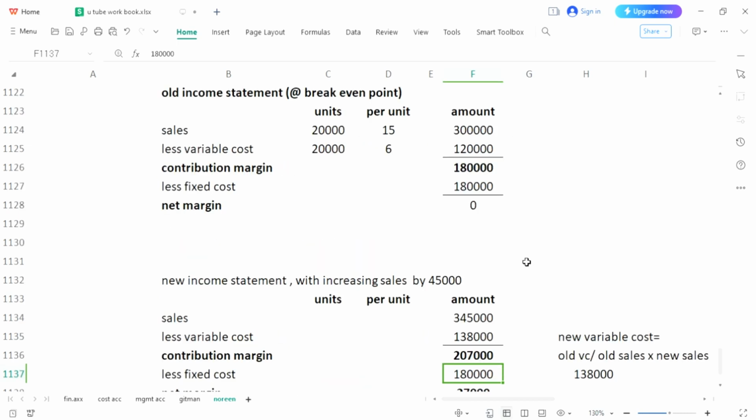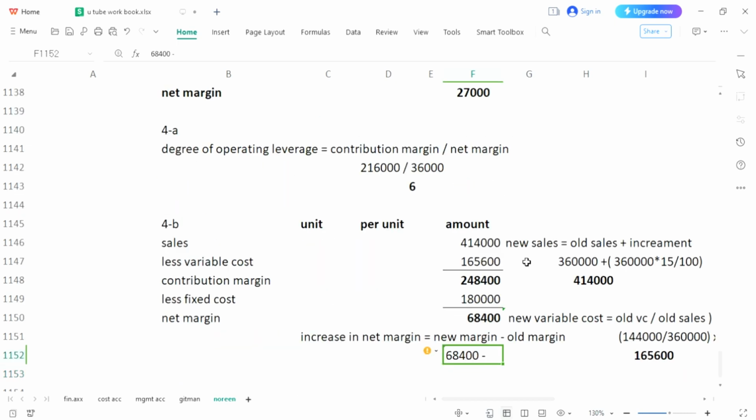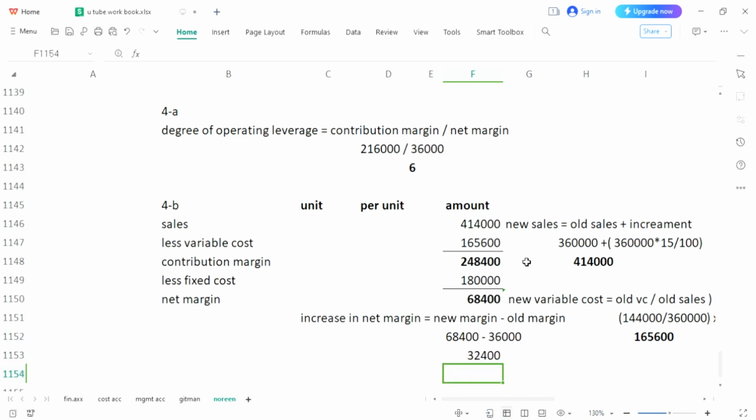So come over here and write down 36,000. Statement completed. Now you can calculate it: 68,400 minus 36,000. So 32,400 is the amount by which our net margin has been increased.